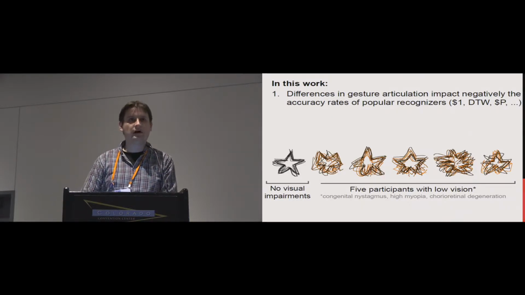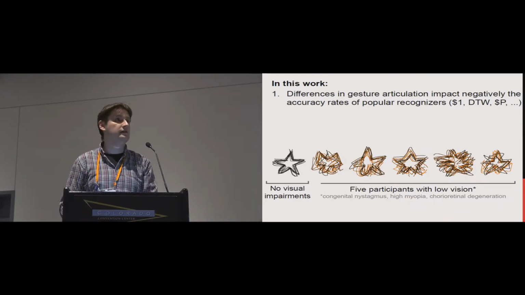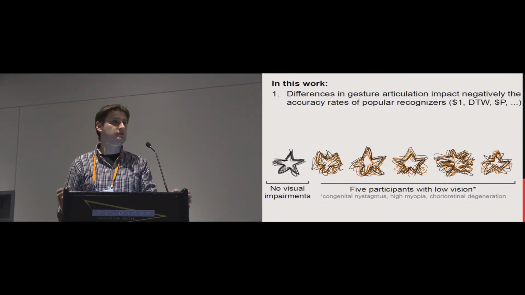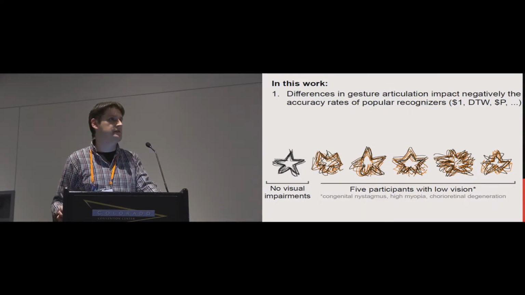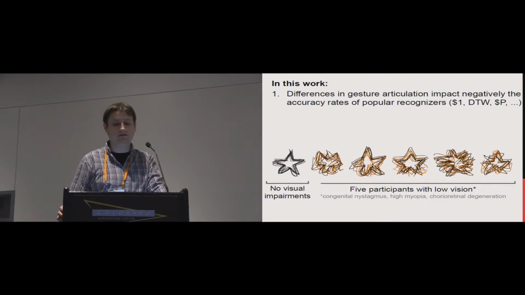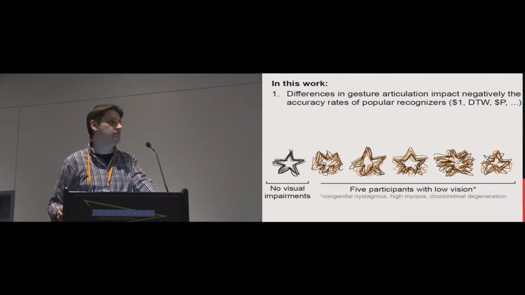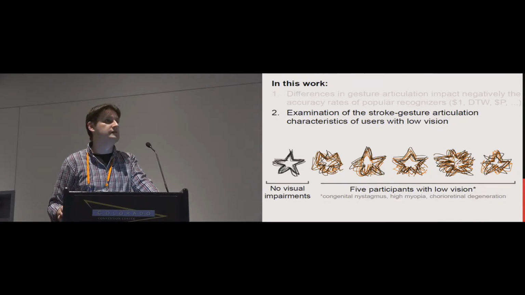So in this work, I'm going to show that there are many differences in gesture articulation between the two groups, people with low vision and people without visual impairments. And I'm going to show that these differences impact the accuracy rates of popular gesture recognizers. And then I'm going to discuss what these differences are.